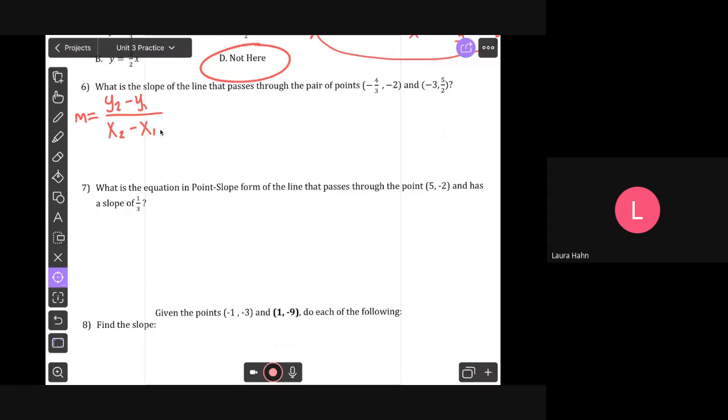And this is the same thing as the change in your y's divided by the change in your x's. To find the change in something, you subtract them. So that's all that's happening here.